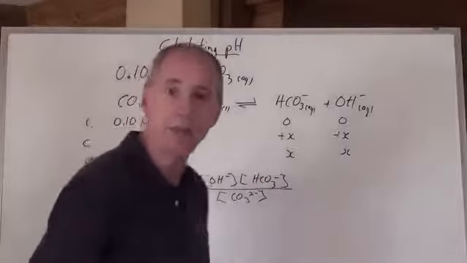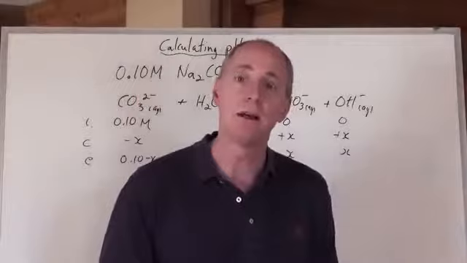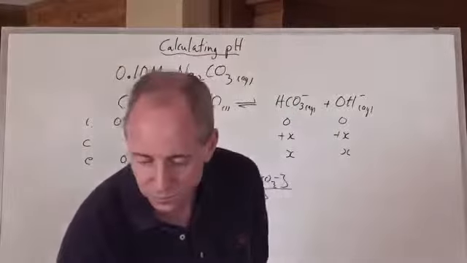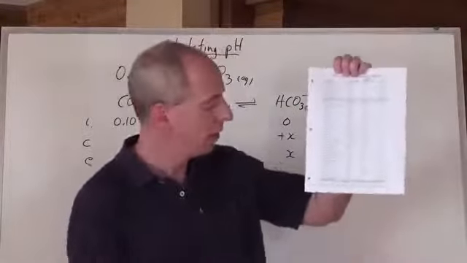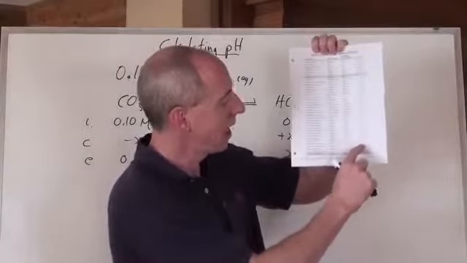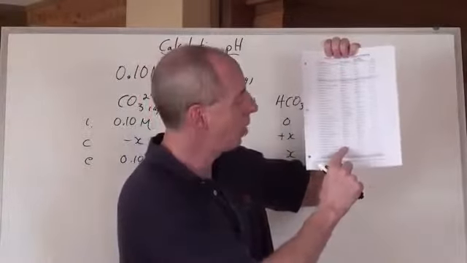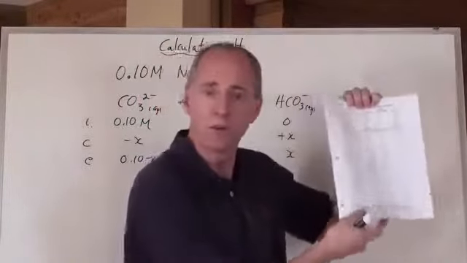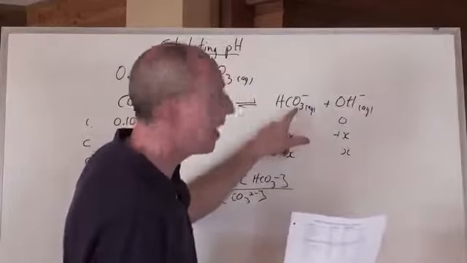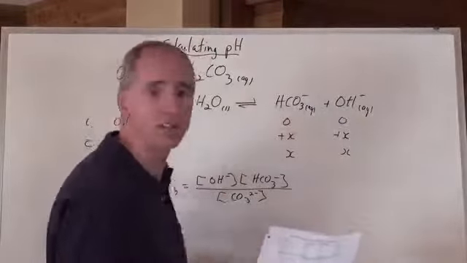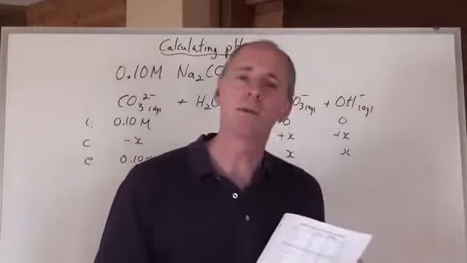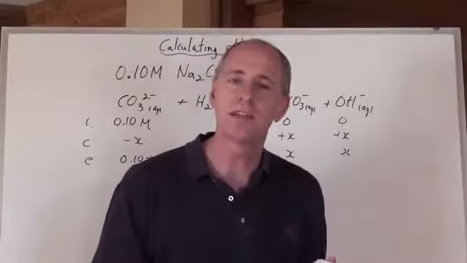But where do you get the Kb? Well, you have to be given that Kb, or, on a chart, you look for the carbonate, and there's a Ka next to it, but that Ka belongs to bicarbonate. So if you've got the Ka for bicarbonate, how can you find the Kb for this? You just divide it into the equilibrium constant for water, 1 times 10 to the negative 14.